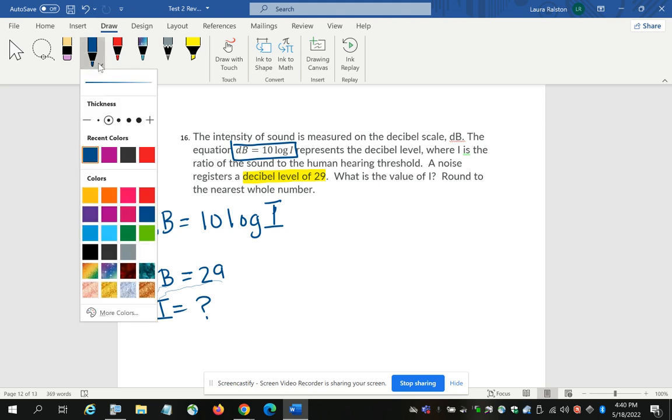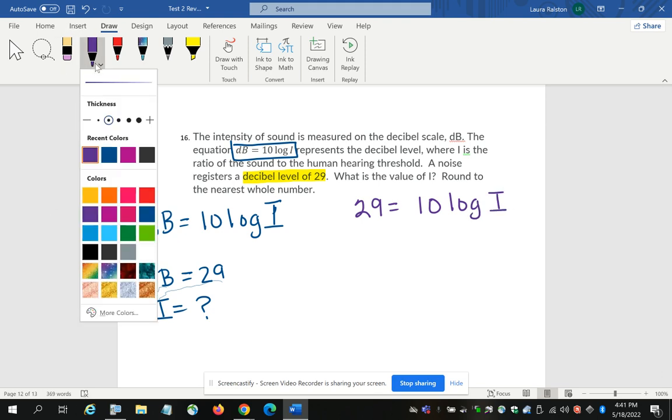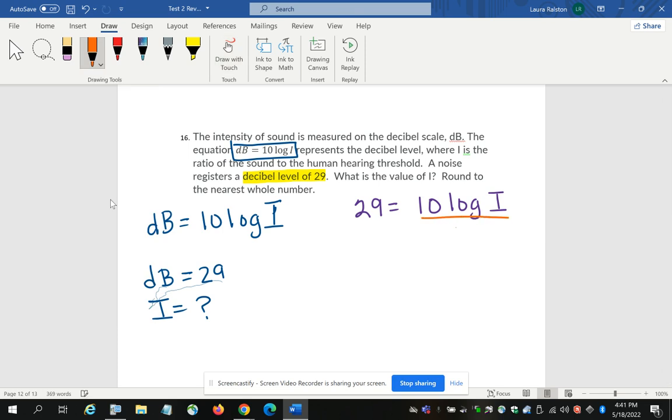Okay, so let's plug and chug. So we have 29 equals 10 times the log of I. Then I'm going to divide both sides by 10. I'm trying to get the I by itself, remember.